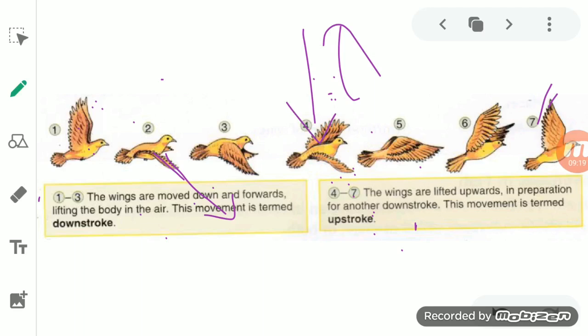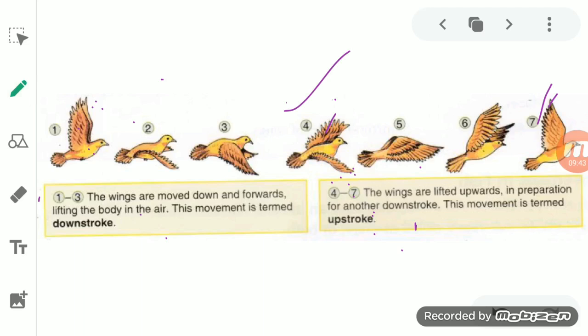That's why they fold their wings, so that the effect of the air acting on the bird gets reduced, and they can fly at a certain height, or fly in the air properly. So this is the reason for the downstroke and the upstroke.